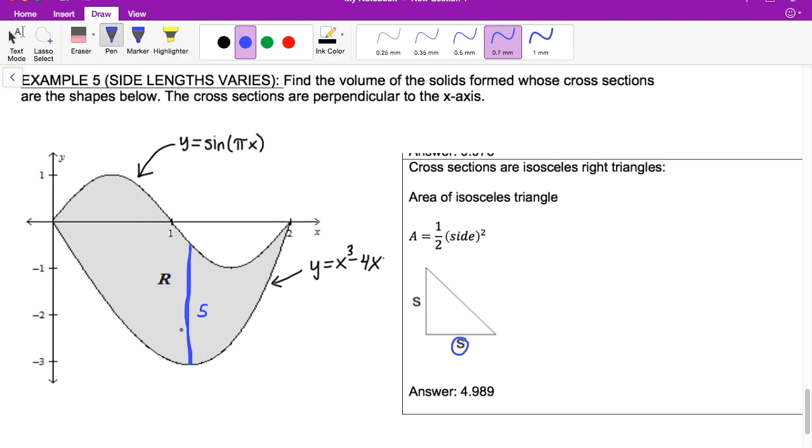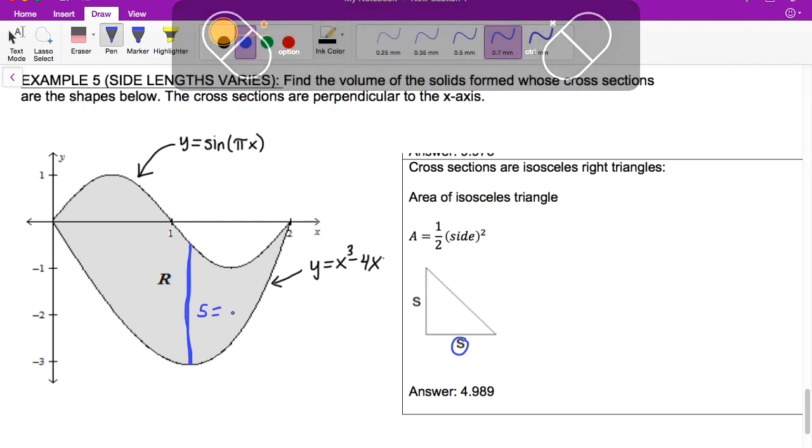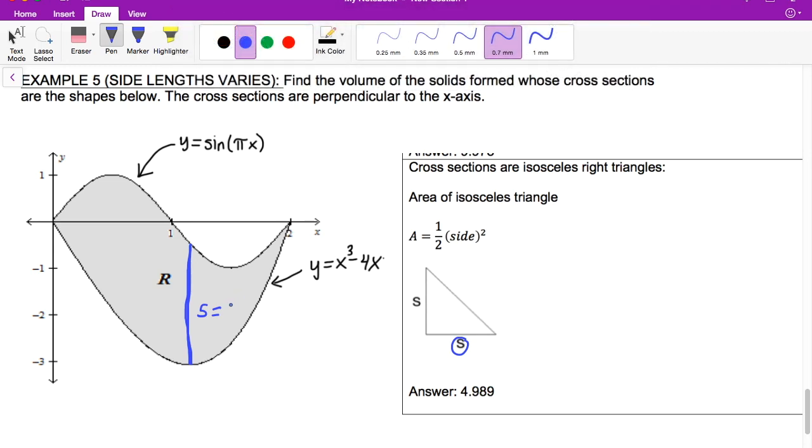I can't really draw the cross section, but if you can imagine there's a right triangle that's coming out, and this is one side of the isosceles right triangle. So that's S.